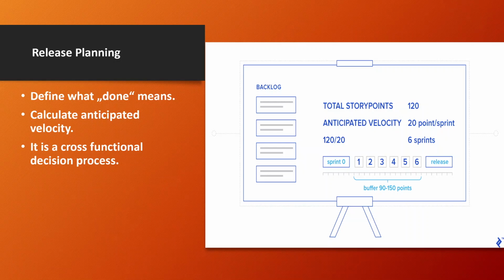Velocity is just how many story points we anticipate to finish in one iteration cycle. So here we say it's 20 points per sprint. If a sprint is a week, we expect to finish at least 20 points as a team per week that we assign to these tickets.